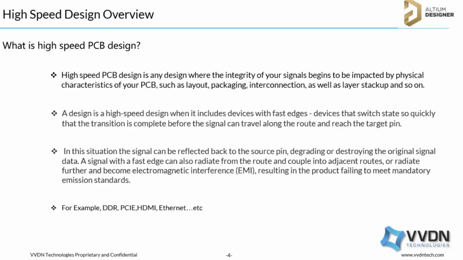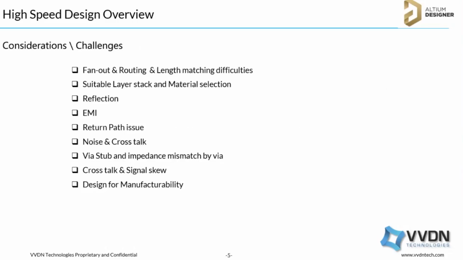So basically now you've got some idea of what high-speed designs are. The next slide covers the challenges we have, or what needs to be considered if you are developing a high-speed design. What are the challenges, and what are the considerations you have to take care of, right?